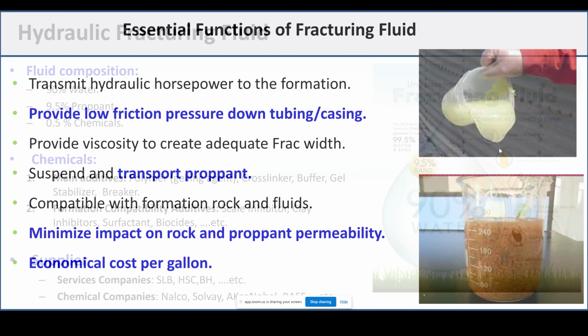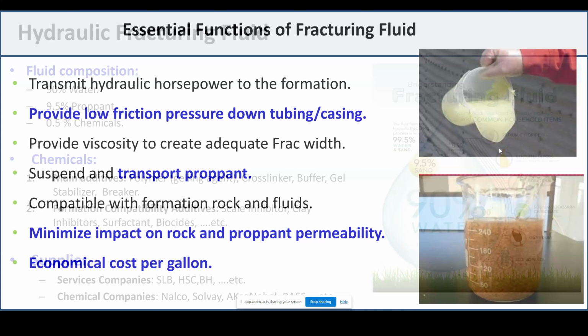So imagine you are at the surface and maybe 18,000 feet below you, you would like to break the rock under all the downhole stress and create a frac. So the frac fluid needs to be able to transmit this power. The good part is a lot of our frac fluid is water-based, and water is incompressible. Because of the incompressibility, it can be a pretty good fluid to transmit and be able to break the downhole formation.